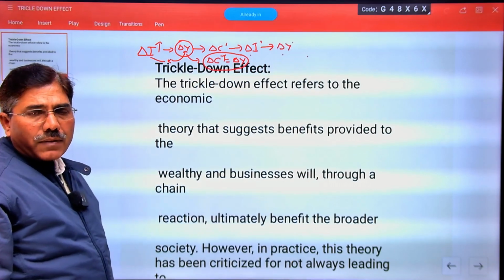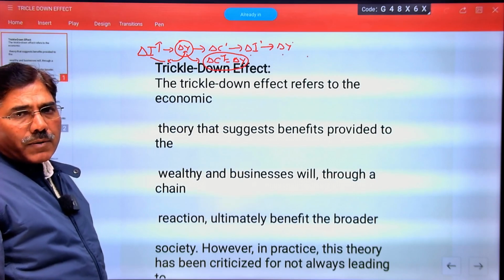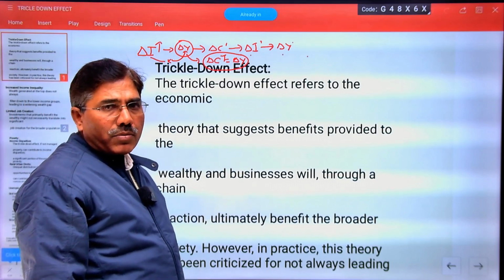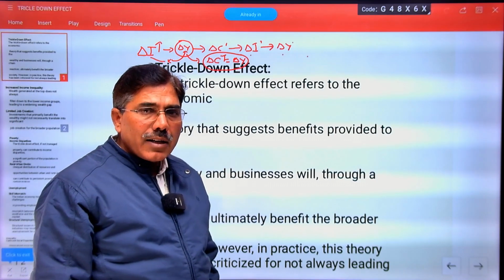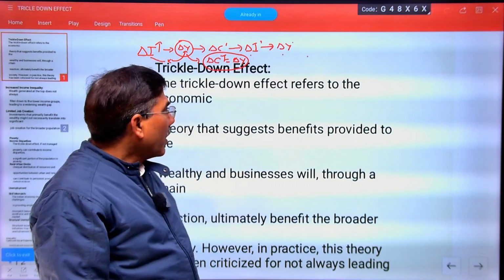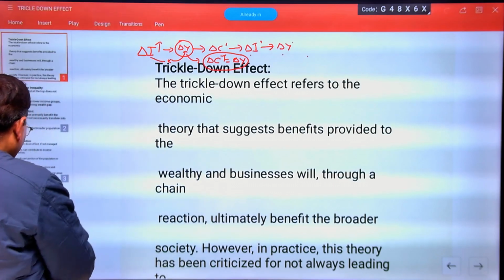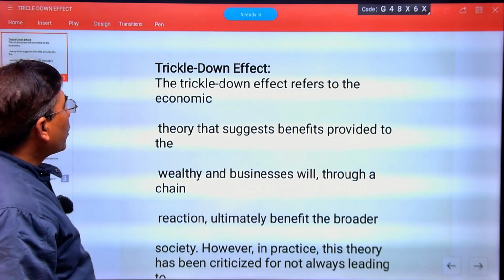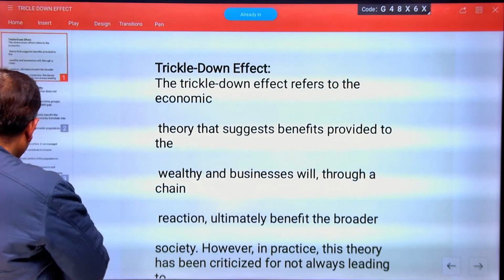That's why this theory failed to trickle down the growth rate of GDP or national income towards the poor. The ultimate result is what? The problem of poverty and unemployment remaining the same. You can understand this point on the basis of this kind of technical explanation, and you can write a good answer in your book if they are asking in your prelims and mains, etc.